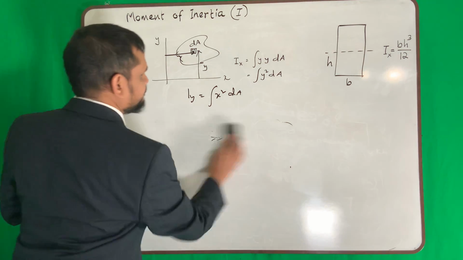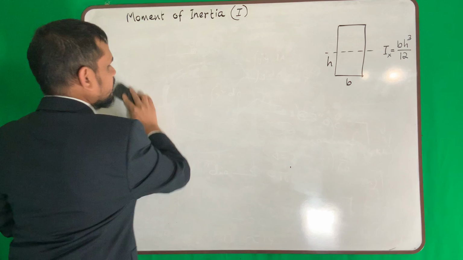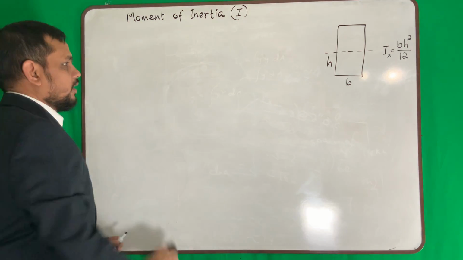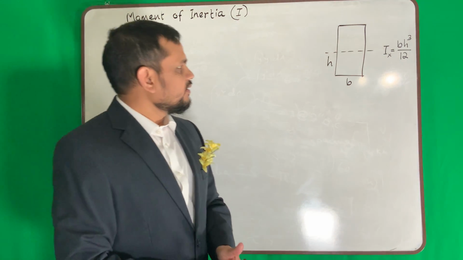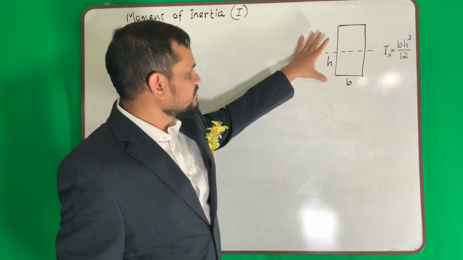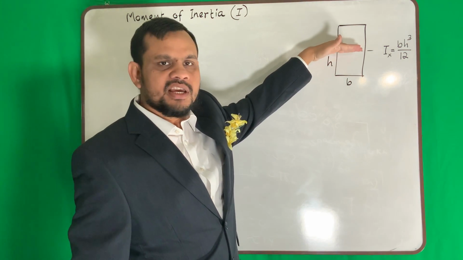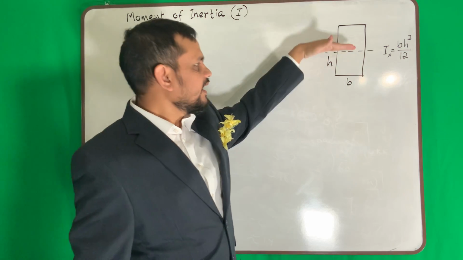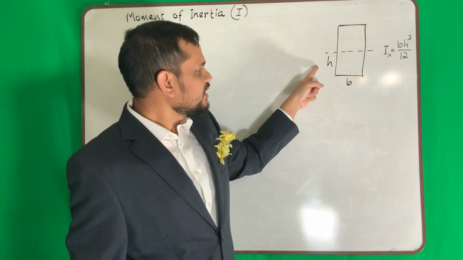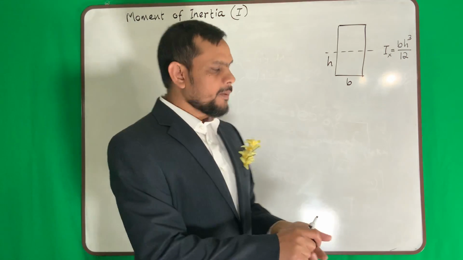Okay, so for a rectangular section, say this is my section, this is b, this is h, the moment of inertia about the centroidal x-axis is b h cube over 12.